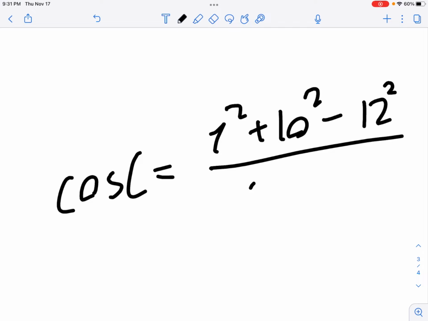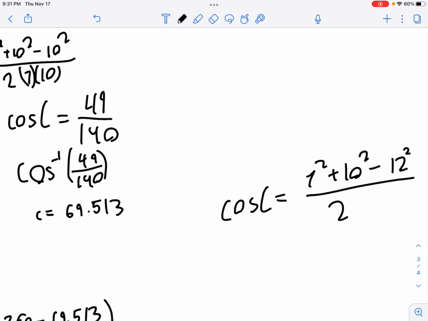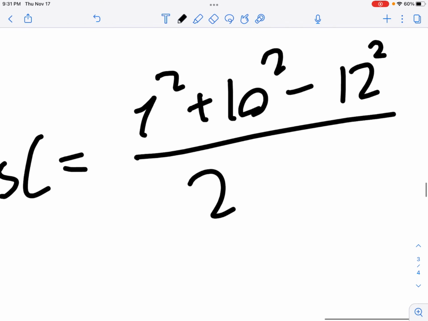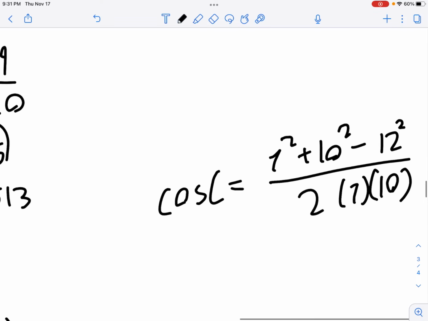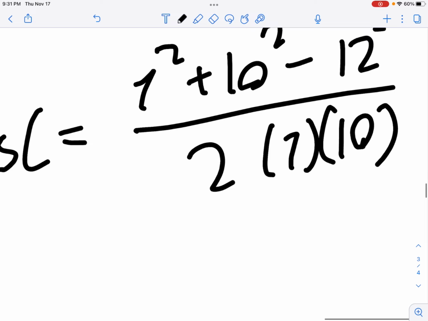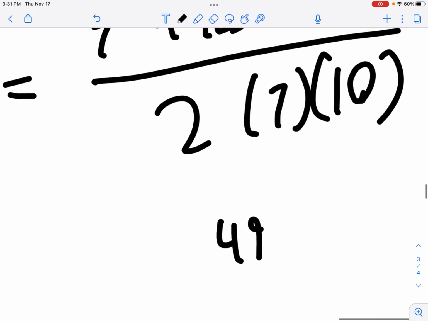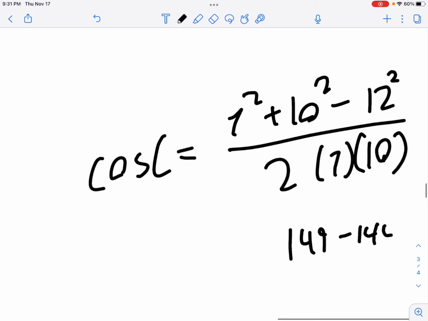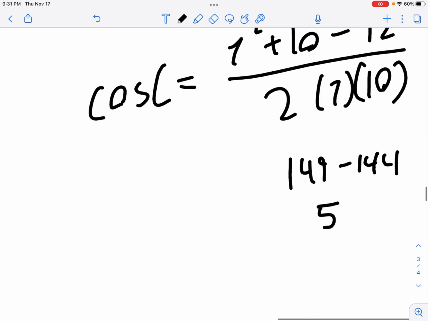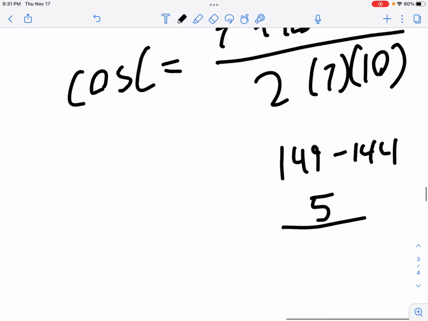It's going to be 2AB, and our 2AB is going to be 2, 7, 10. Okay. Let me do the same thing. So it's going to be 49 plus 100, so 149 minus 144. So 5 over 140 equals cos C.